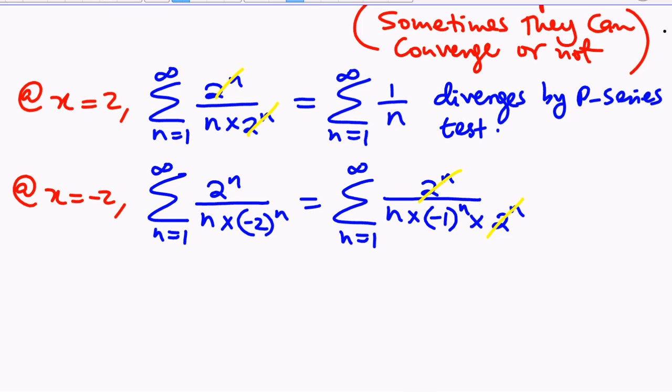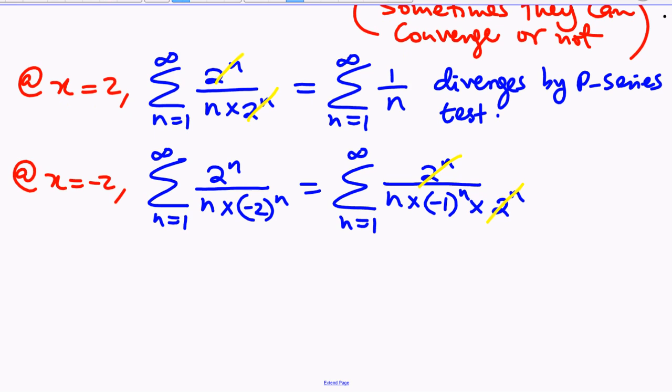Okay, so what I'll end up with is a p-series. Sorry, an alternating series. So I'll end up with an alternating series, not alternating series test.